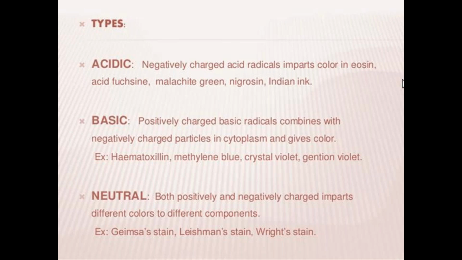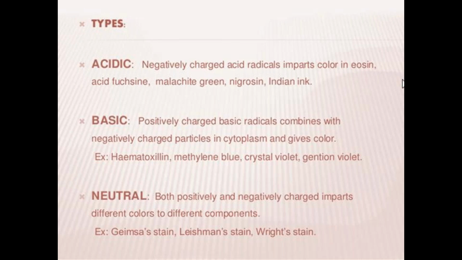Here acidic and basic, and next coming to the neutral ones. Neutral means neutral charge. Both positively and negatively charged components are present in that particular dye, and they impart different colors to different components.